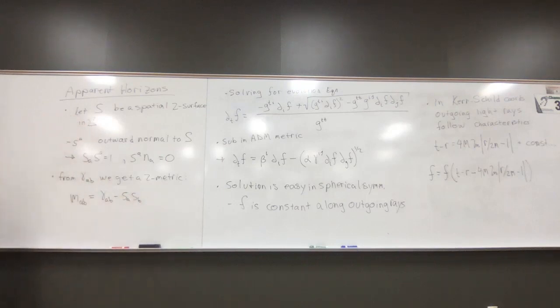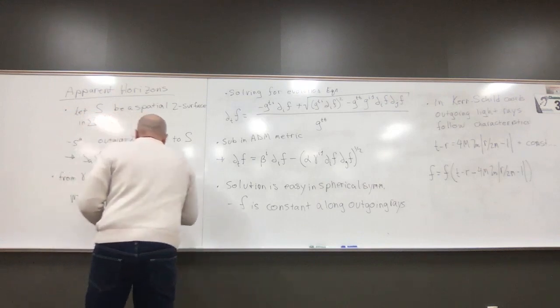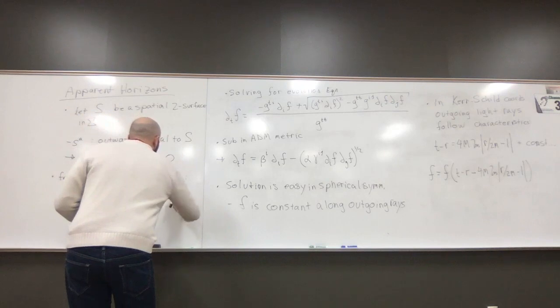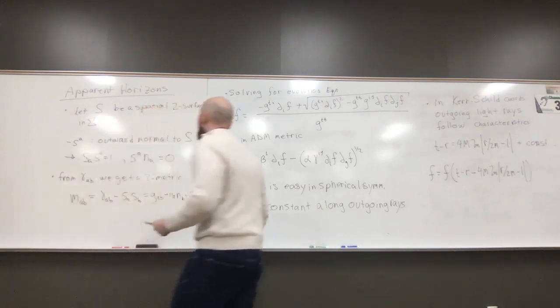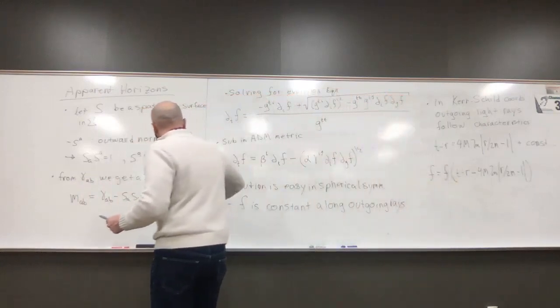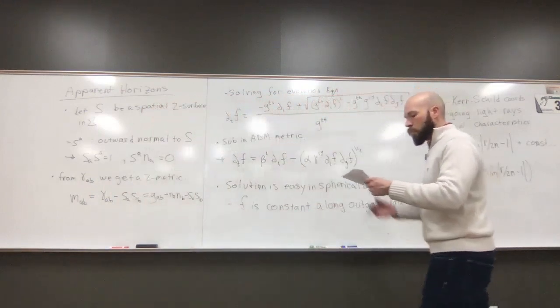That looks a lot like our definition for the spatial metric, the 3 metric. And that is just substituting in my definition for gamma: GAB plus NA NB, minus SA SB. Sorry, minus there.